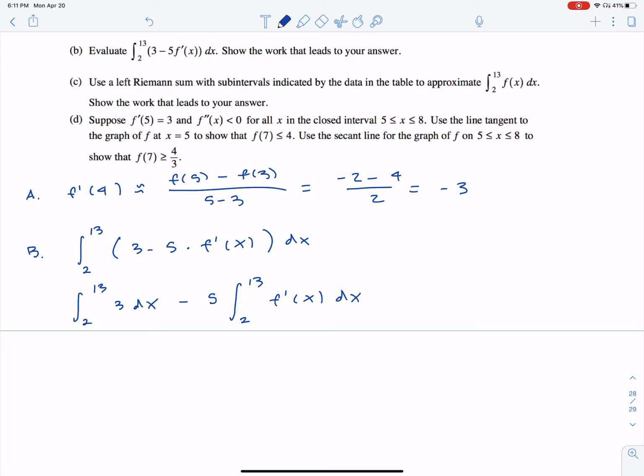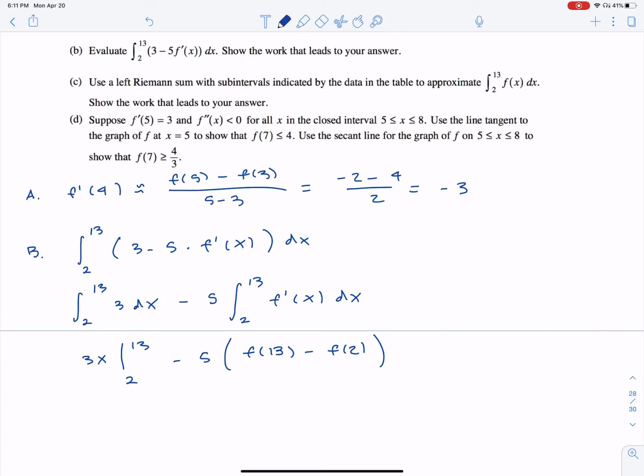So we take the antiderivative of 3, we get 3x, and we're going to be evaluating that from 2 to 13. And this is going to be -5 times, so first fundamental theorem of calculus, not second. I keep on saying second fundamental theorem of calculus for all our problems. I just kind of got glued onto that one. But no, this is first fundamental theorem of calculus.